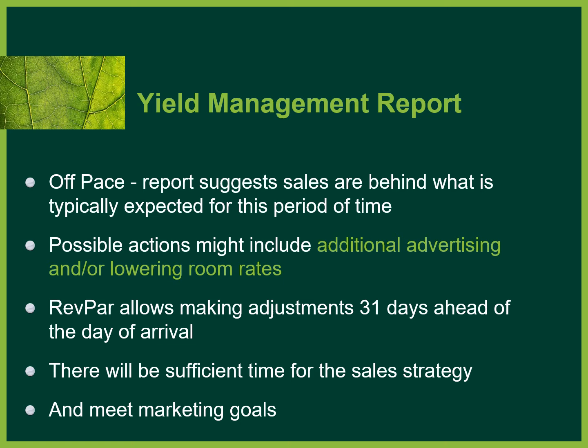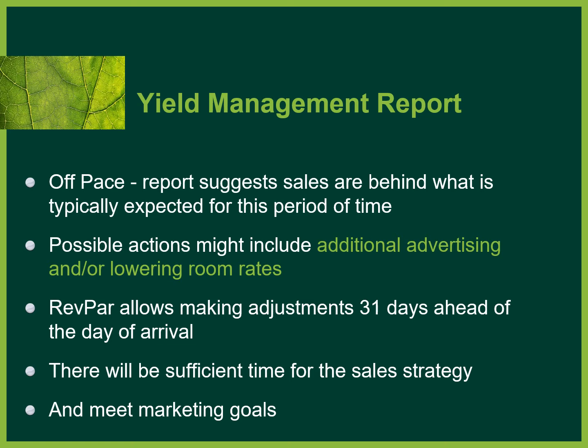Possible actions might include additional advertising to get more people interested, or lowering room rates so that people who were considering staying the night would actually go through with that transaction. And then you look at the RevPAR.